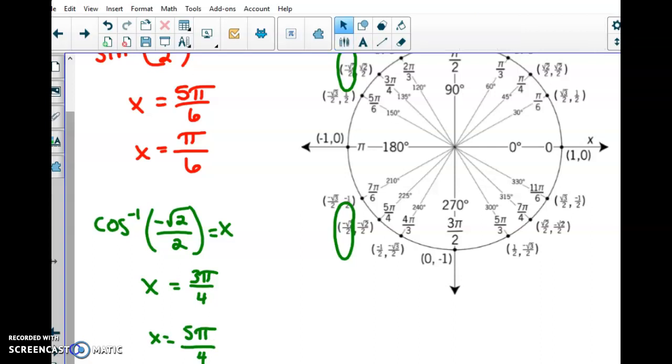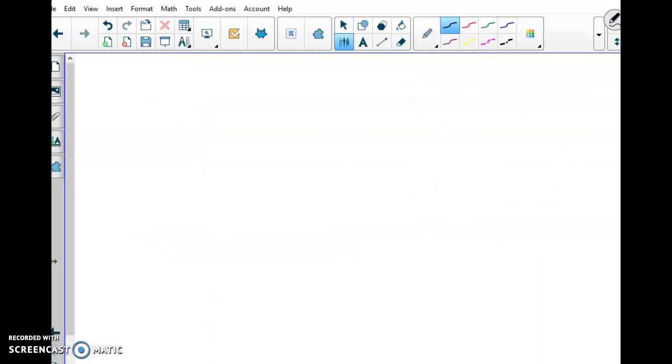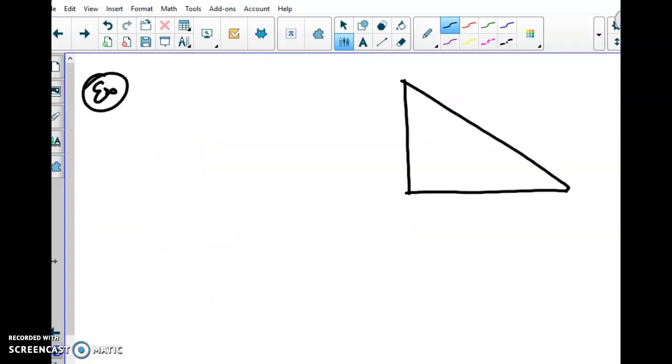If you're being told that you can use a calculator, let's look at a situation like that. Let's say the right triangle trig here. This picture might not represent what it actually looks like, as I'm just throwing numbers on here, just so you're aware.